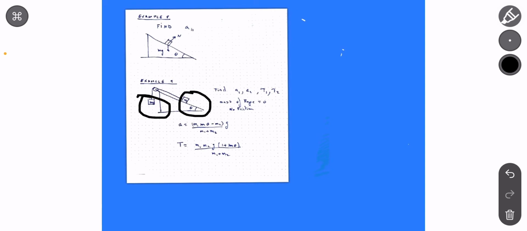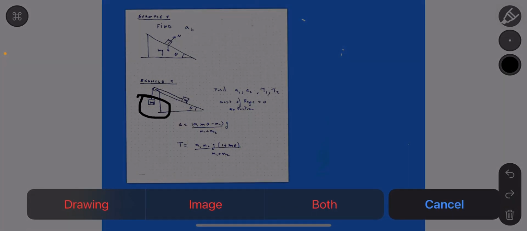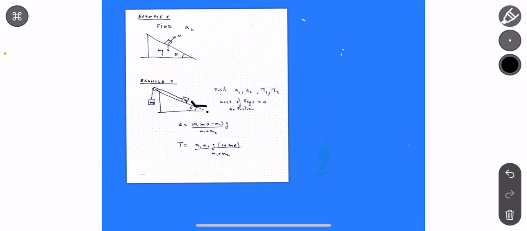So for the first one, let me make sure we know what box we're looking at. We're looking at this box here, right? If we look at this box, we have different forces working against it. We got one force this way, one force that way. We also have the mg going downwards, and we're also on a slope.